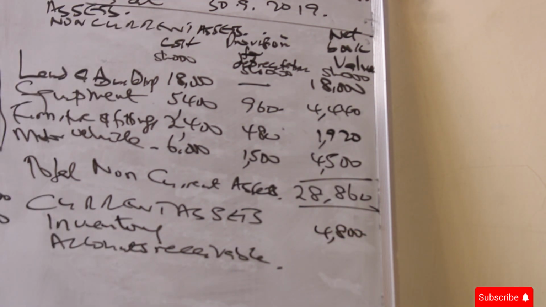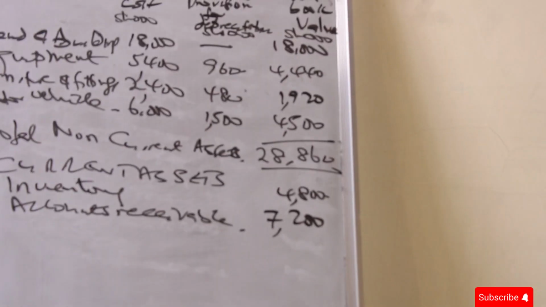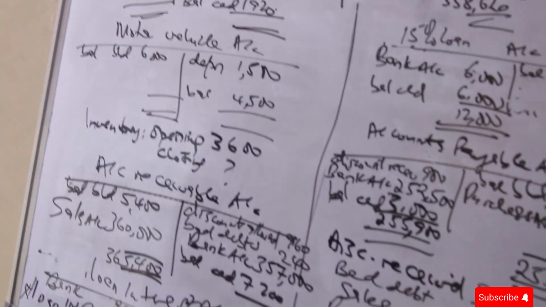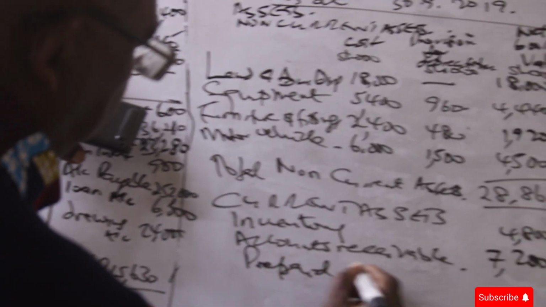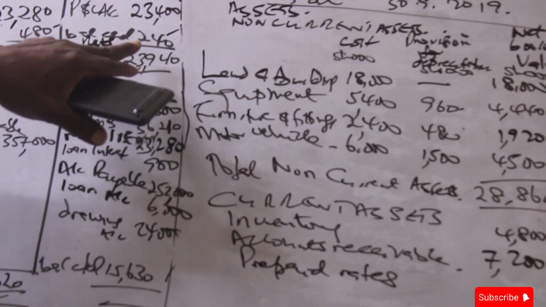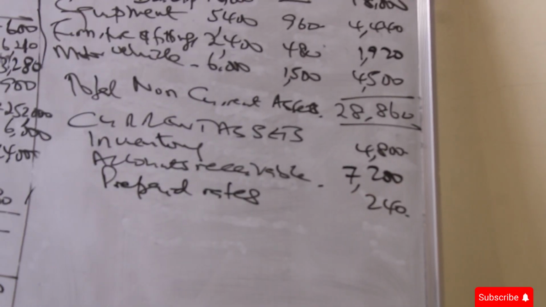Our accounts receivable from the workings is 7,200. Then we come to prepaid rates, which is 240.